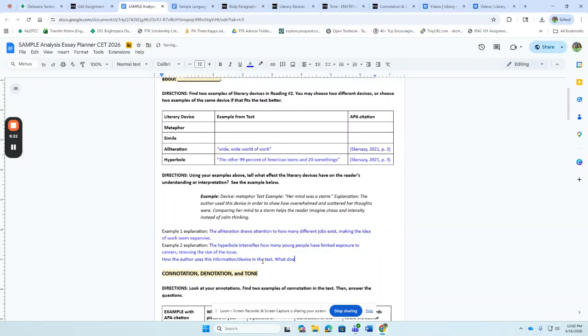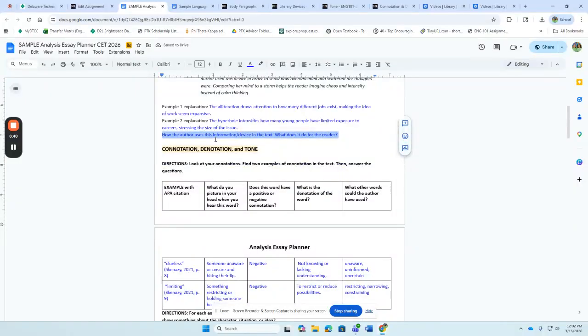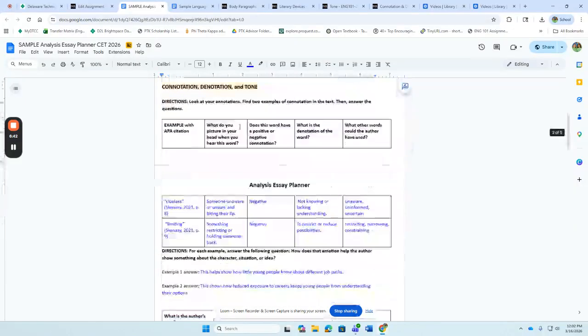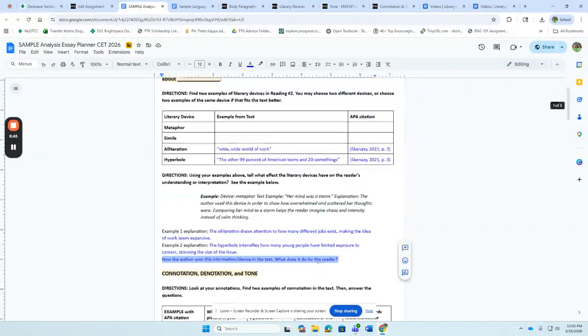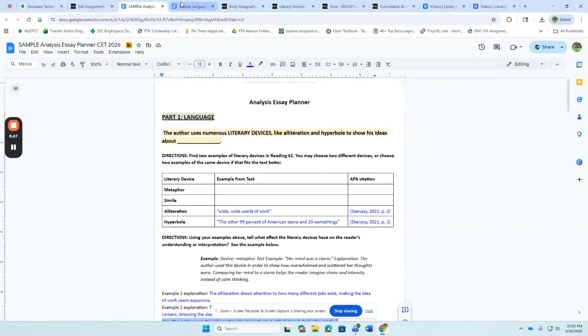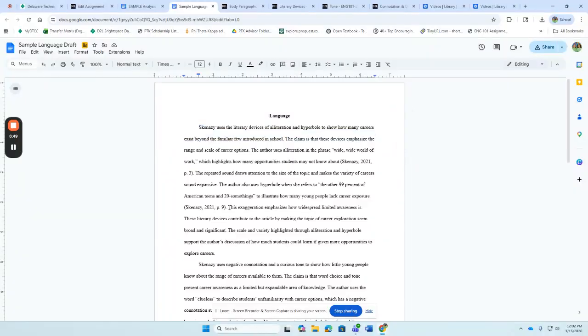What does it do for the reader? This is what you're adding in to each of your tie-ins for both literary devices and then for connotation and tone. Now, once I put all of that together, it's going to look just like this.